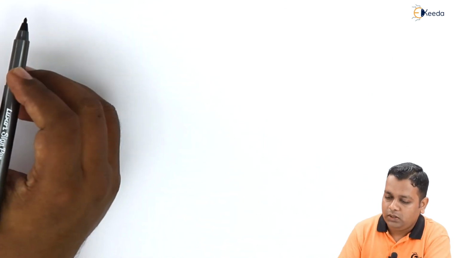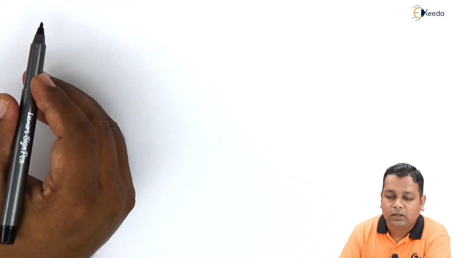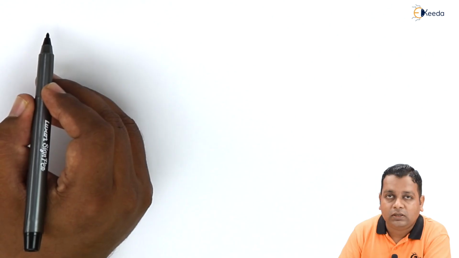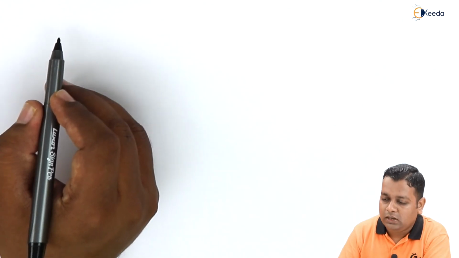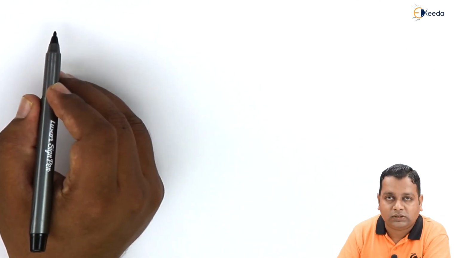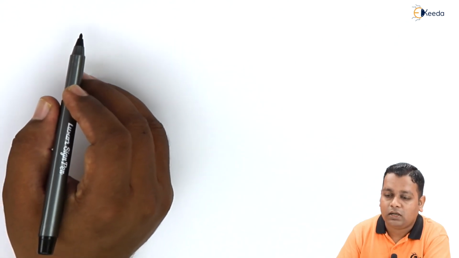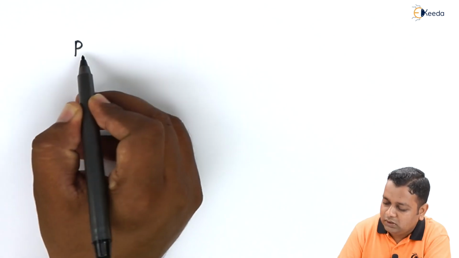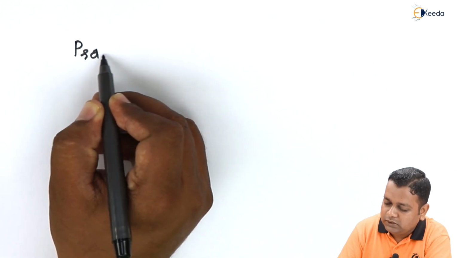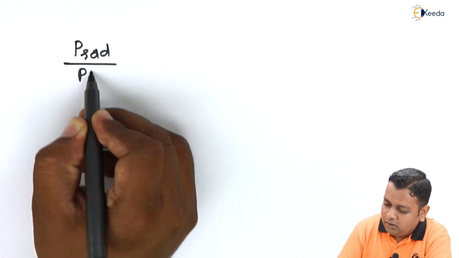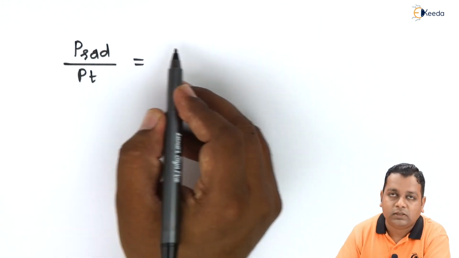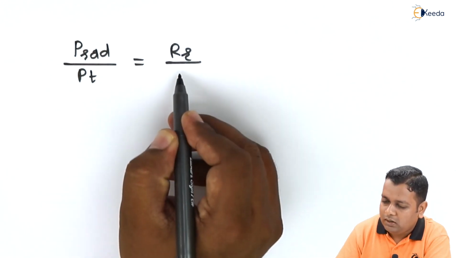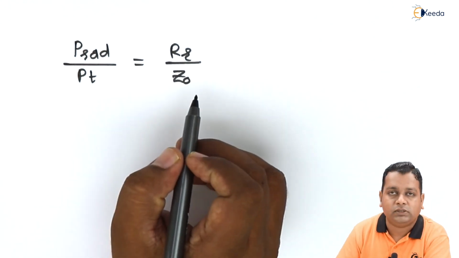From the above relationship we see that the radiation factor decreases with an increase in the substrate dielectric constant. The alternate representation is P_rad divided by the total P_T equal to R_r divided by the characteristic impedance Z0.